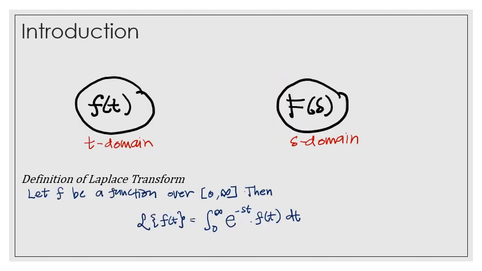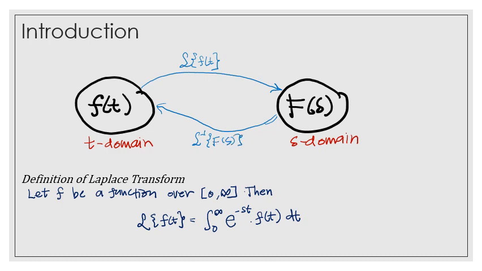The basic idea is that it uses a transformation from the t domain to the s domain using the operation known as the Laplace transform of f(t). In the s domain, we can rearrange the equation using some rules. Then we transform back into the t domain by using the inverse Laplace transform of F(s).